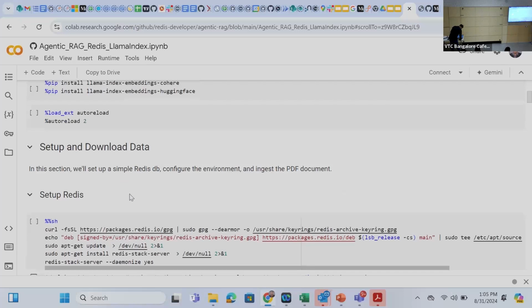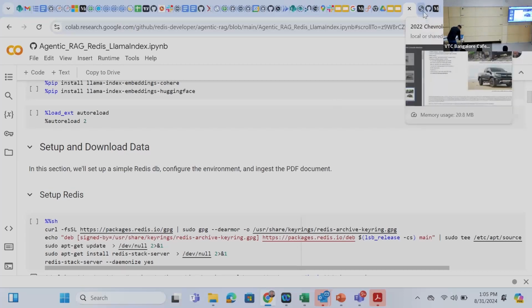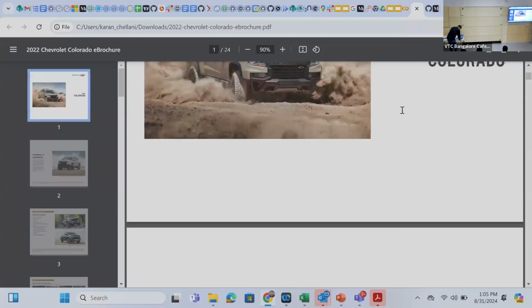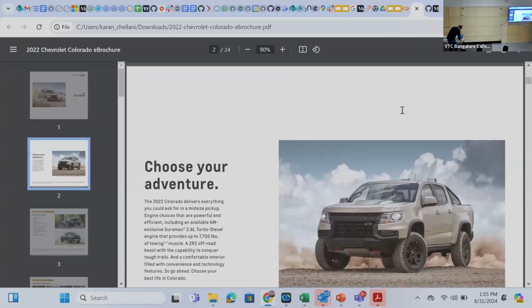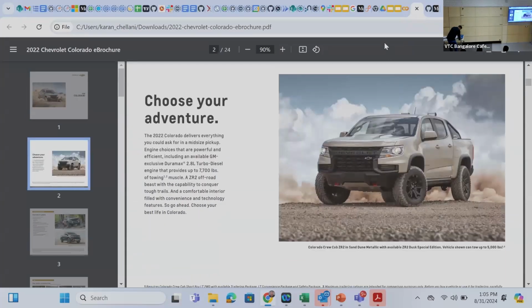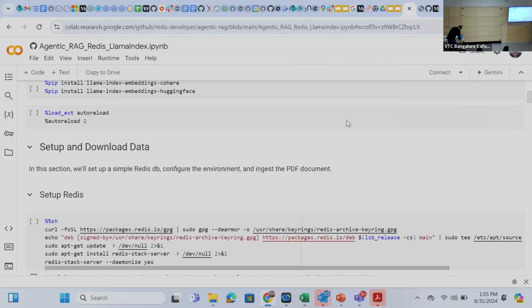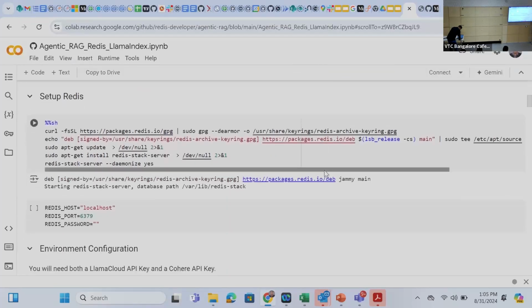I'll ingest the PDF document. As I said, you can ingest multiple PDF documents, or you can even ingest one PDF document based on your use case. So in this example, I have given just one PDF document, which is basically a car manual. This is a manual of one of the models of Chevrolet, which has been given as an input to this agent.